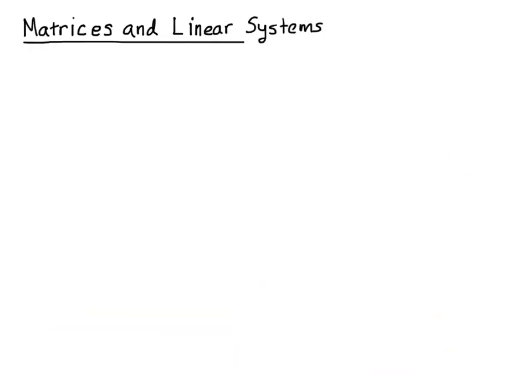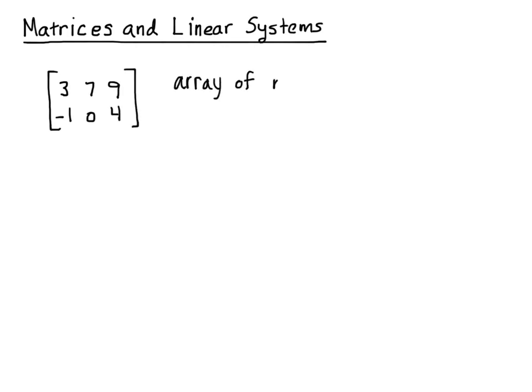Okay, so let me introduce matrices now, and we'll do the same kind of row echelon solving that we did before, but we won't be writing x, y, and z and all the equal signs as much. So what we're going to do is look at what a matrix is.